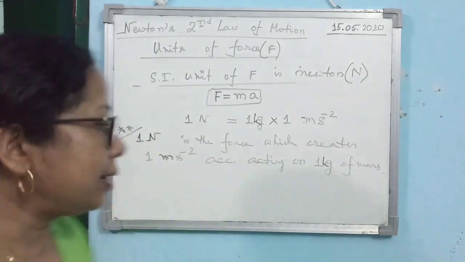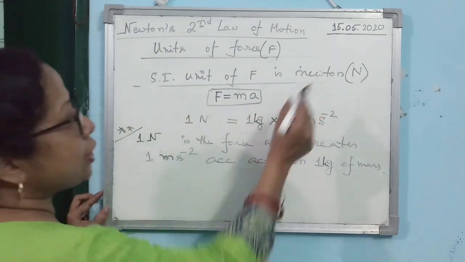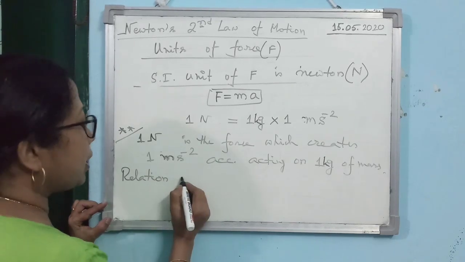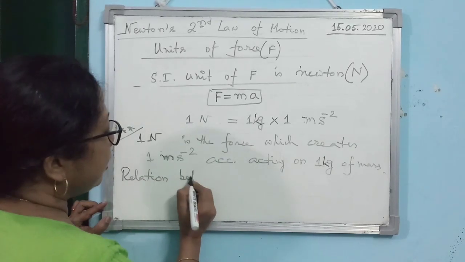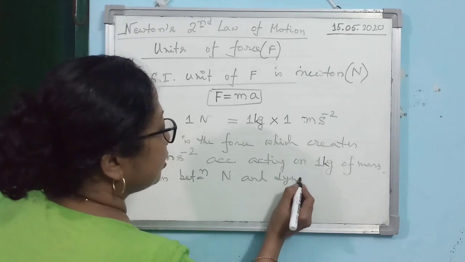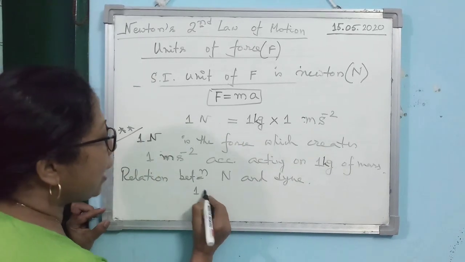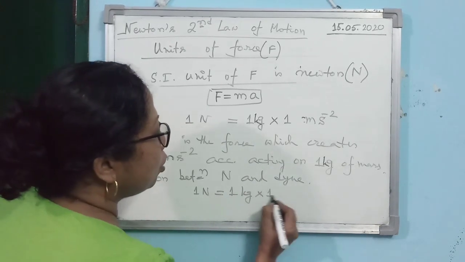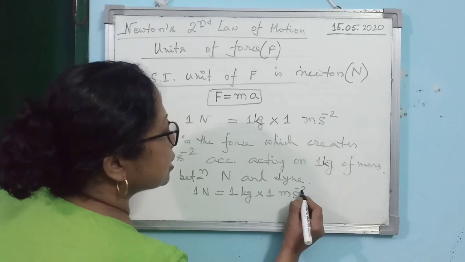So, this definition of 1 Newton is important for your board exam, you must learn it. Alright, then what is the relation between Newton and dyne? This is very important. 1 Newton is equal to 1 kg into 1 meter per second square.